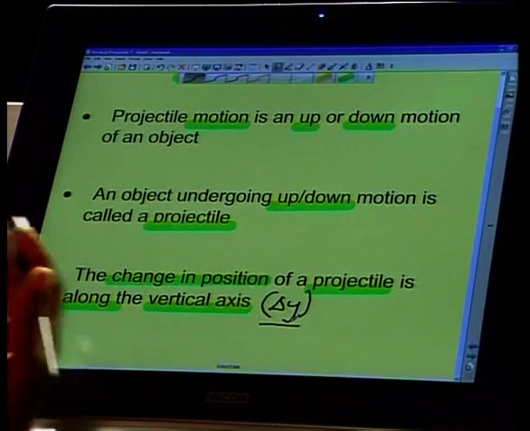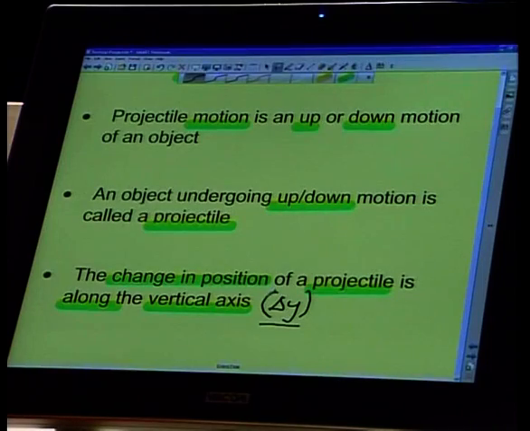We understand from the set of axes that we use to draw graphs that the y is the vertical axis, whilst the x is the horizontal axis. So we're using delta y because we're talking about the vertical displacement, or the vertical change in the position of an object.